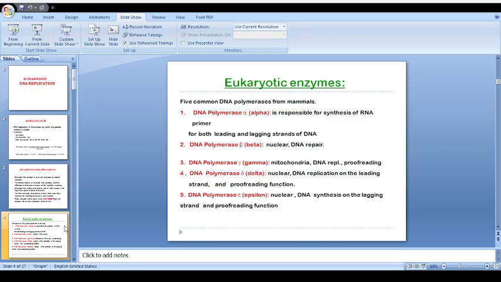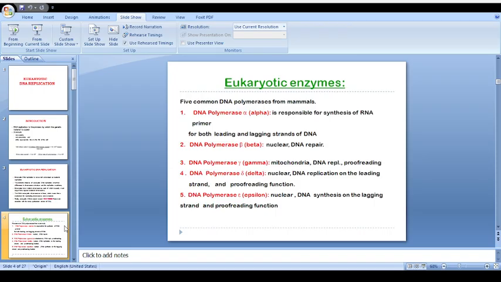For the replication of the mitochondrial DNA, we require DNA polymerase gamma, and DNA polymerase gamma is also responsible for the proofreading function. And DNA polymerase delta is found in the nucleus and is responsible for leading strand synthesis; the leading strand enzyme is DNA polymerase delta.